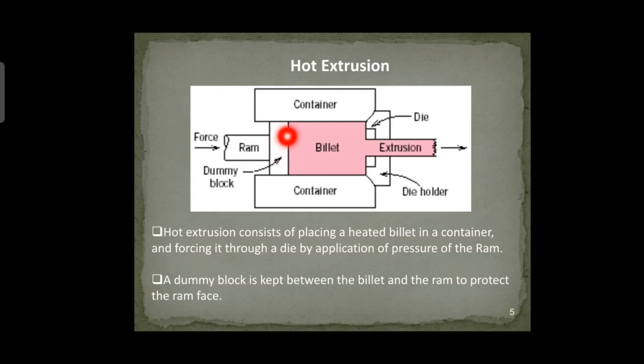So a dummy block is used, which has thermal resistance and can withstand this. Now the hot billet material makes contact with the dummy block, not directly with the ram. This is how we protect the ram face here.